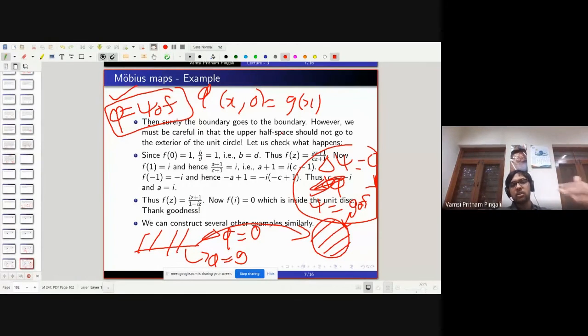You can basically transport the problem here to the problem here and come back. There's a dictionary that goes between these two, and that is this Mobius map.